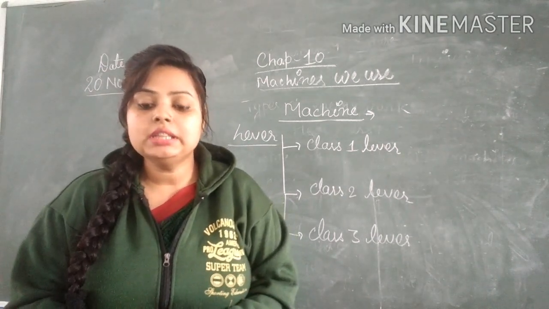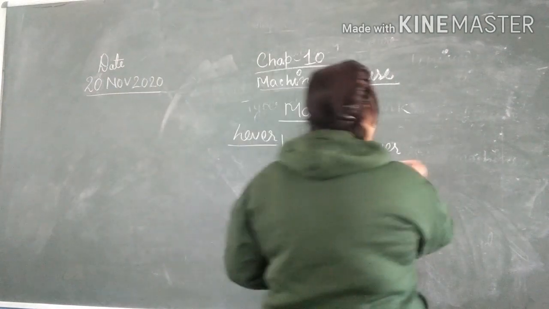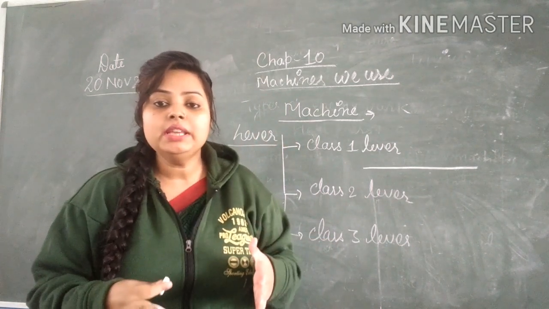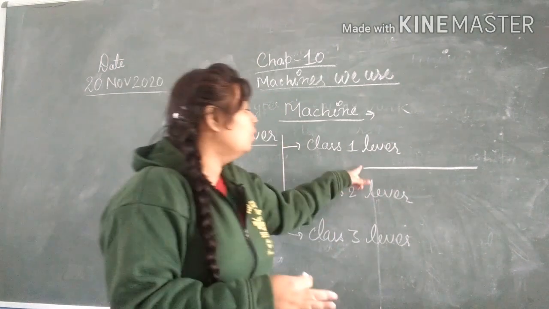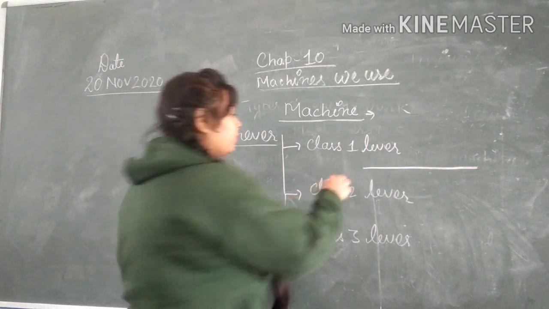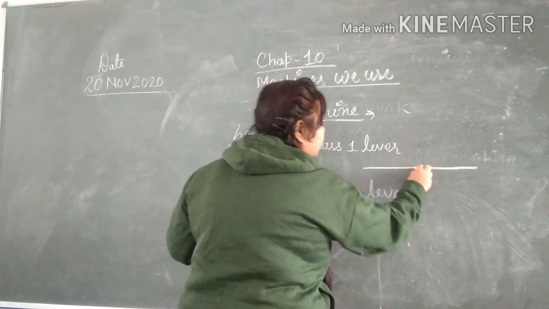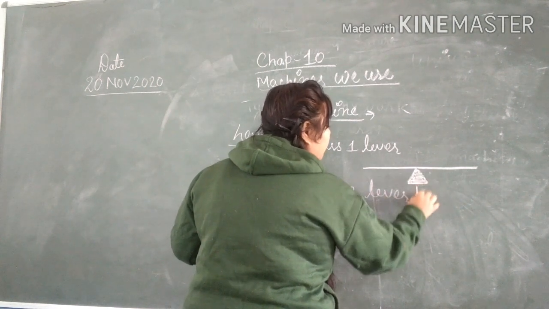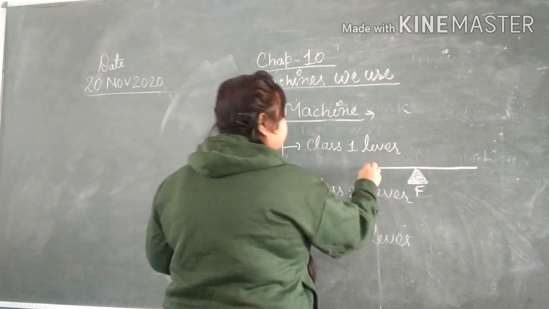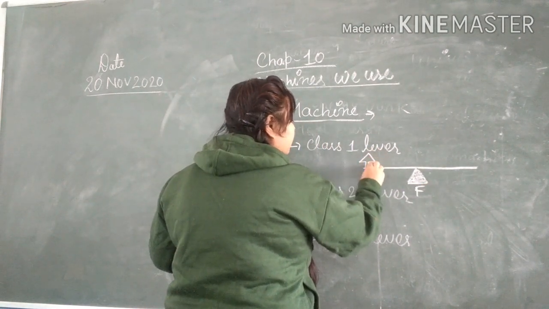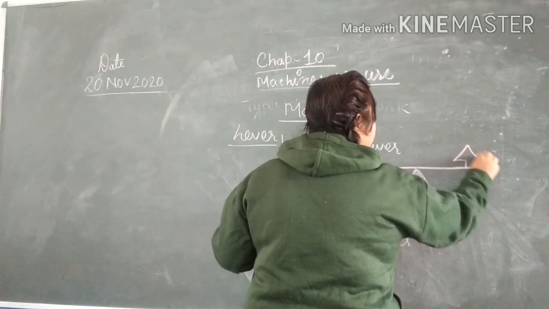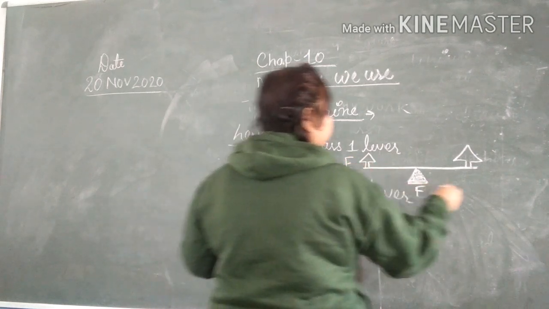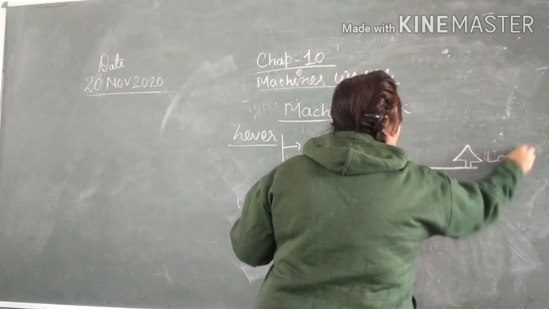So, what is a first class lever? In a first class lever, the fulcrum is always in between the load and the effort. This one is a fulcrum, this one is the effort and this is the load.